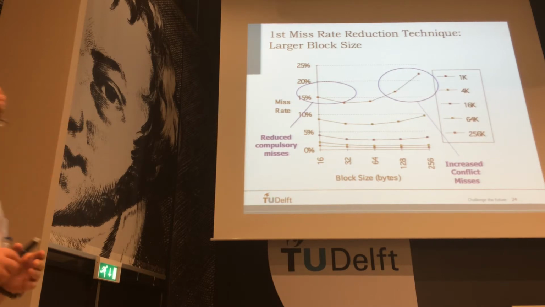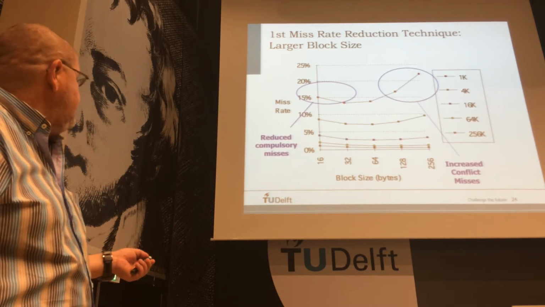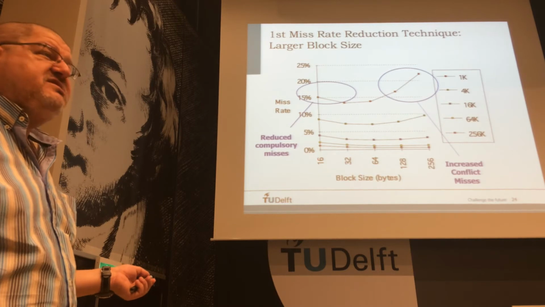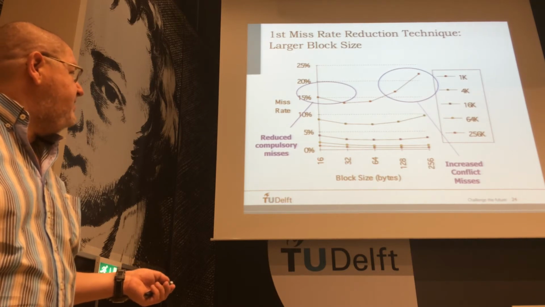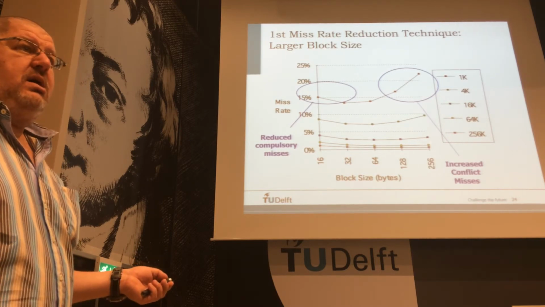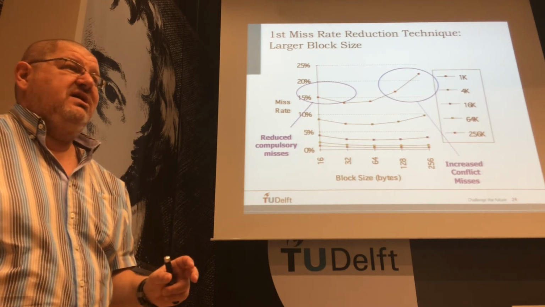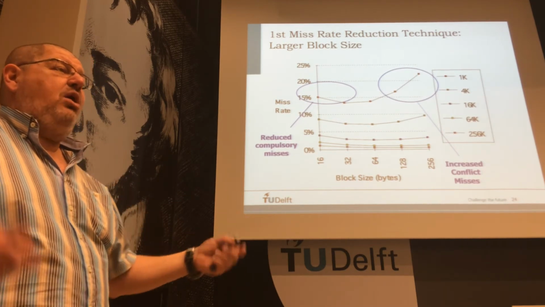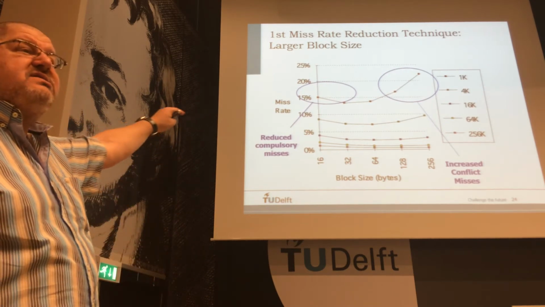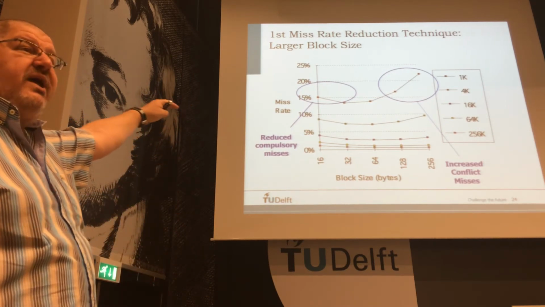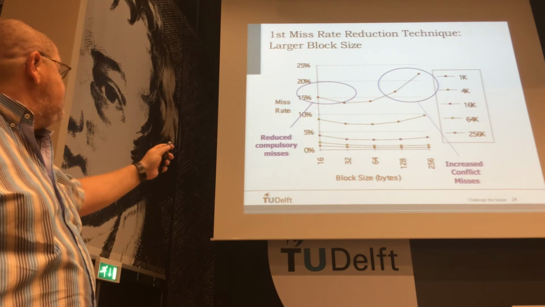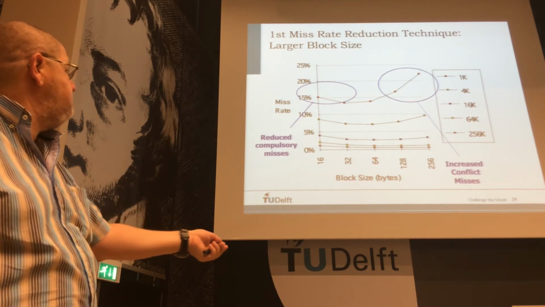I may have small blocks, like a cache line with 16 bytes, or I may have very long blocks. What we see is that whenever the cache is large, the dimension of the block does not really have an influence on the miss rate. You see those curves are very flat.